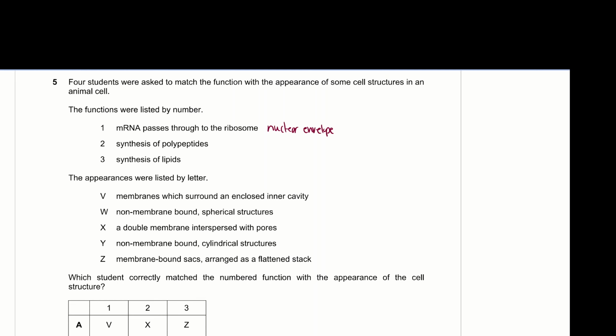Synthesis of polypeptides. We all know that polypeptides are synthesized in the ribosomes. Next, synthesis of lipids. We all know lipids are made in the smooth endoplasmic reticulum.